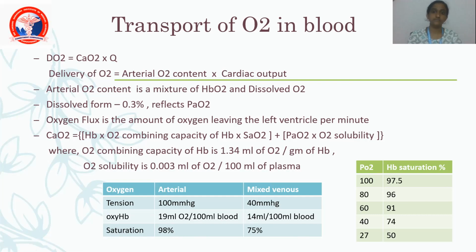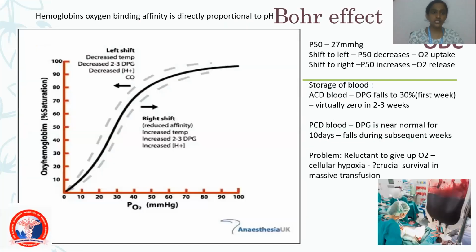So coming to the ODC, this is the curve on the left side. It is a plot of oxyhemoglobin saturation versus PO2. It is normally a sigmoid shaped curve. A very important terminology in this is P50. What is P50?